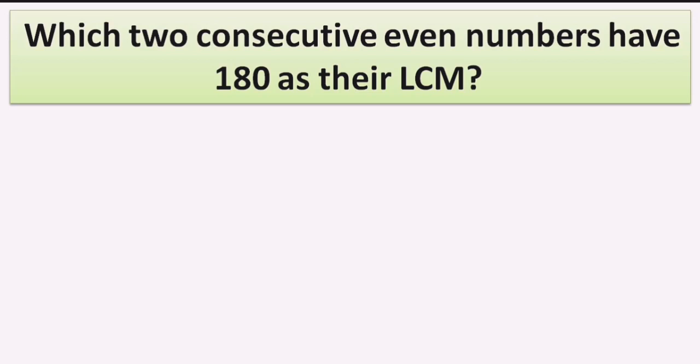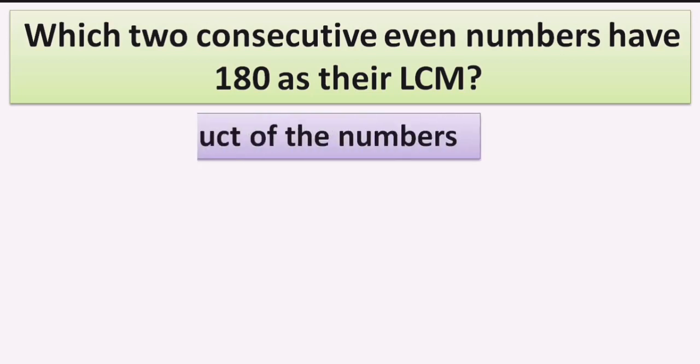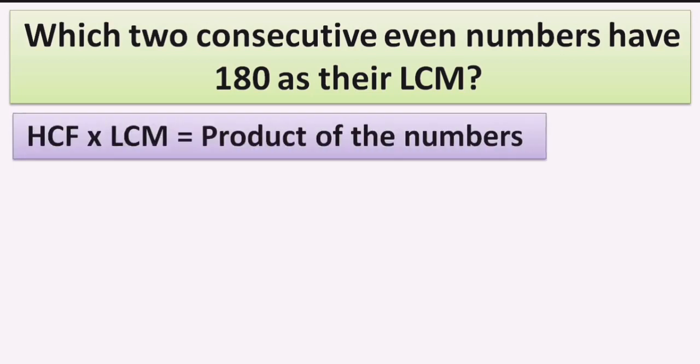Okay, according to our property for HCF and LCM, we know that when we multiply HCF and LCM, the answer is equal to the product of the numbers of which we have found those HCF and LCM. Okay, so LCM is known to me, that is 180, but what about the HCF?